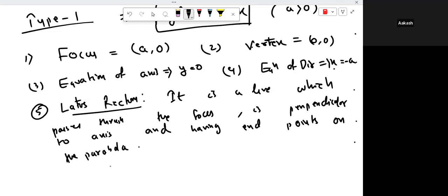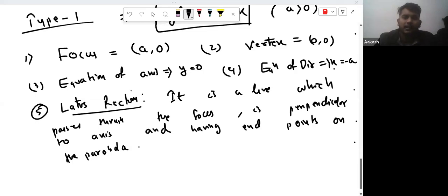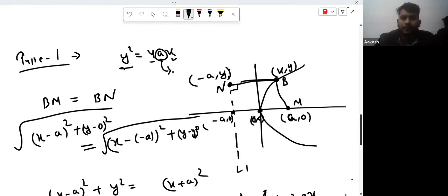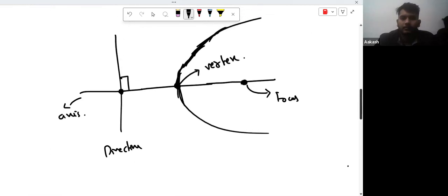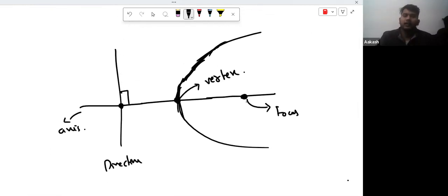So what is LR? In short, we say this is LR. A line that is passing through the focus and is perpendicular to the axis, so perpendicular to the axis means this kind of line, and having endpoints on the parabola. This is LR.